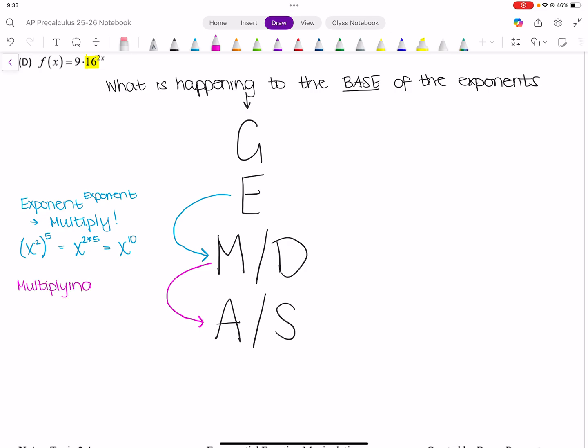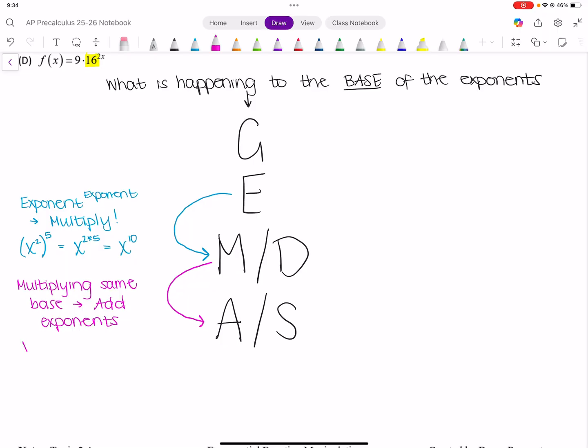And that's only when you are multiplying the same base. So for example, if we have x squared times x to the fifth, because our bases are being multiplied, that's going to become x to the 2 plus 5, which is x to the 7th power.